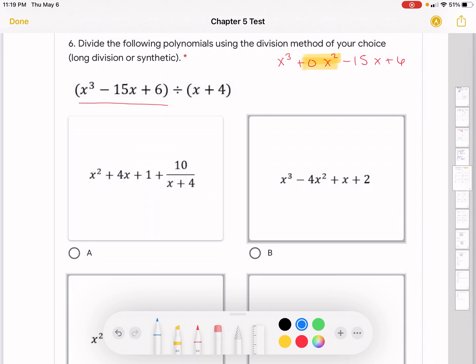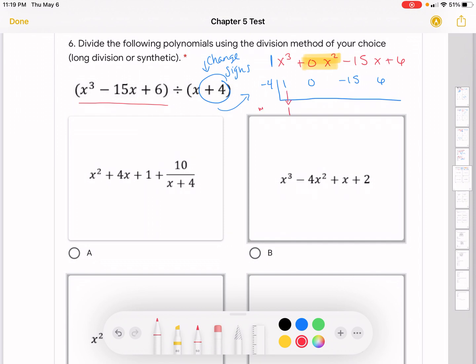Now I can set up my synthetic division. Here there's an imaginary 1. And my coefficients go in my box. 1, 0, negative 15, and 6. The positive 4 goes on the outside, but you have to change signs. So here it's a negative 4. Then we bring down the first number.